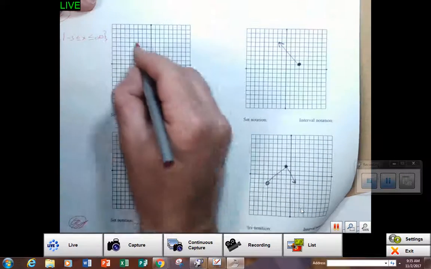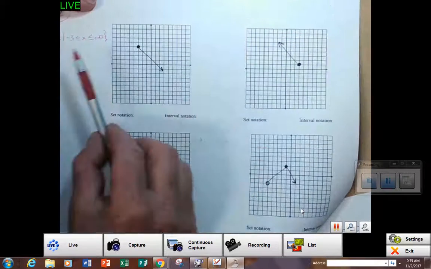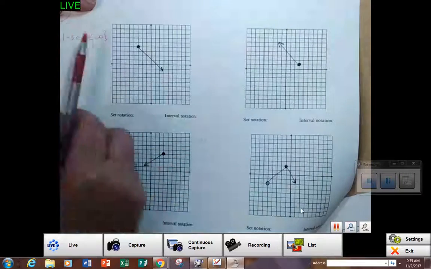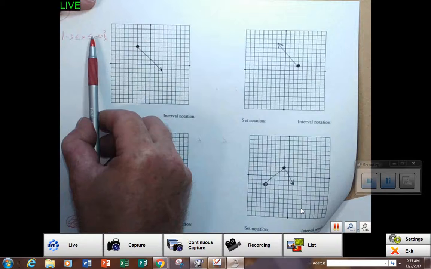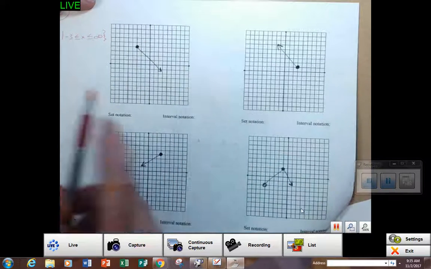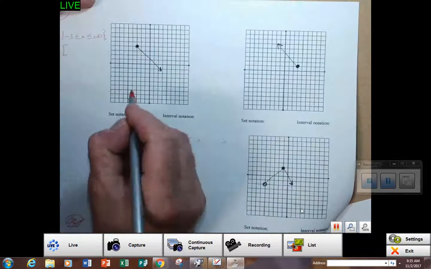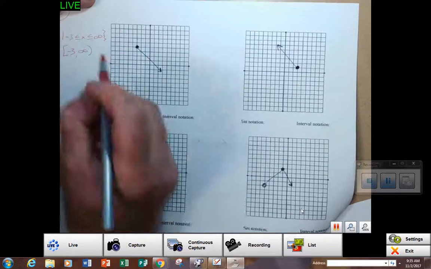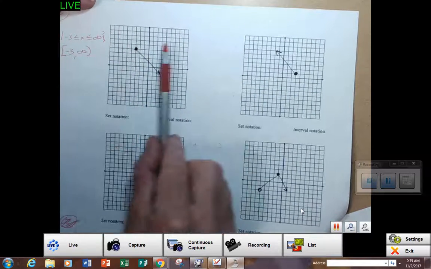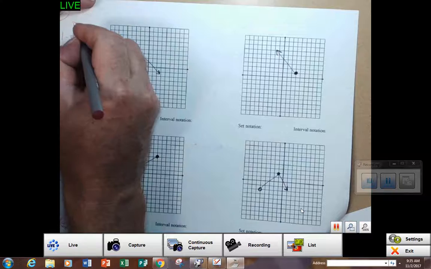Even though this is going down, domain is measured left to right. So this is going off to the right, even though it's going down here. So don't be faked out. Don't put a negative symbol there. Positive infinity. If I do interval notation, from -3, positive infinity rounded. From -3, positive infinity. That is my domain.